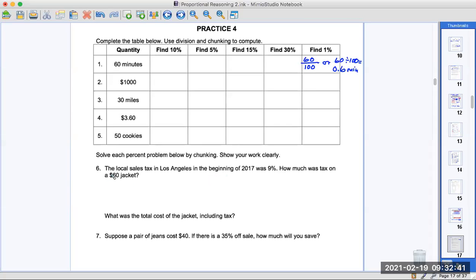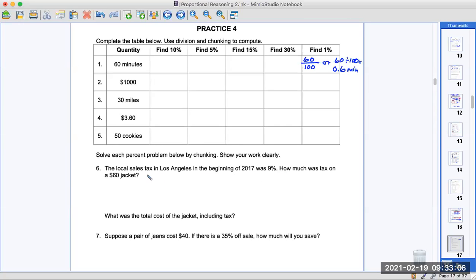I think it's most locally, yeah, local. So that's city. And it goes up all the time. This year it was 9%, which is pretty high. So whatever you buy, they add 9% for sales tax. And then the merchant has to send it to the city at the end of the day. Okay. How much tax on a $60 jacket?